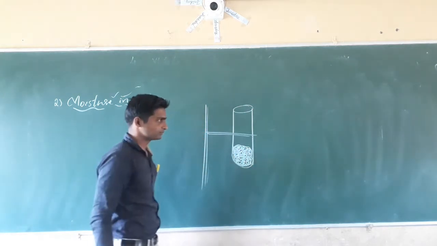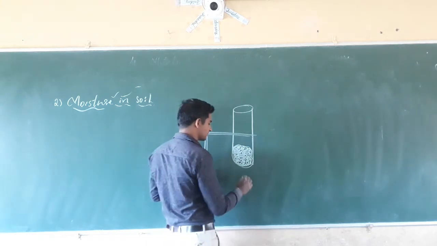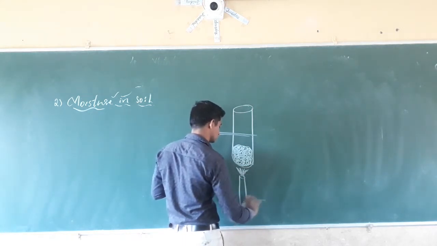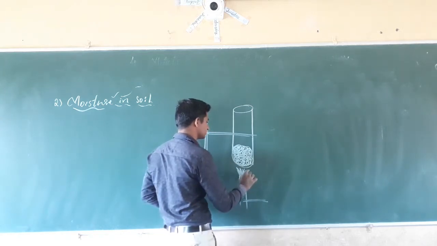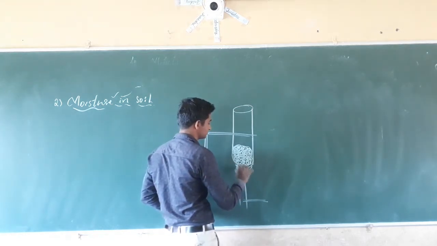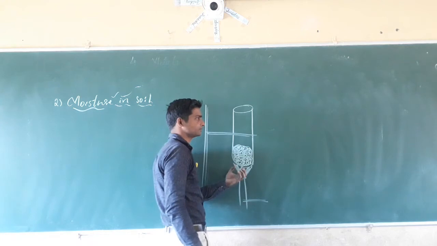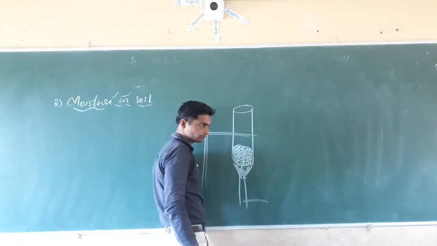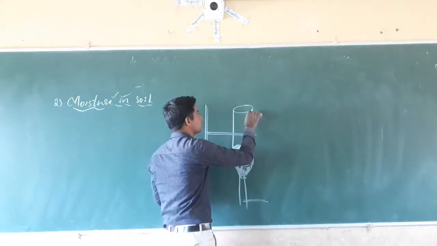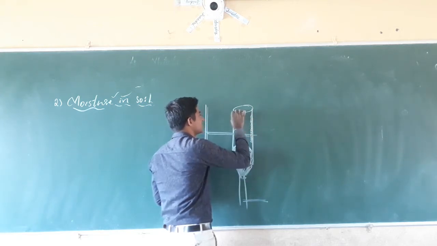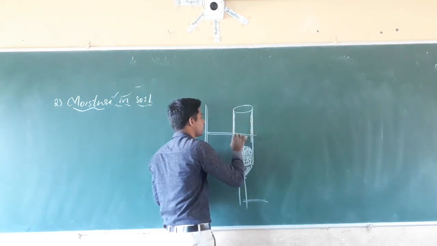Next, dear students, the soil sample starts to heat. When we start to heat the soil sample, see what happens? You will see the water droplets on the inner surface of the test tube.